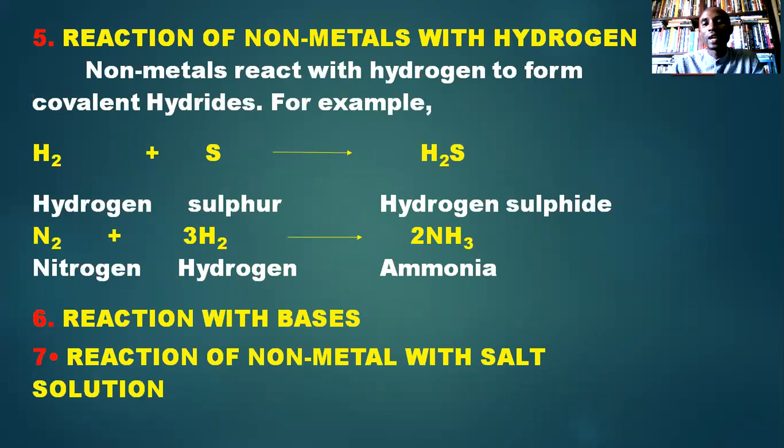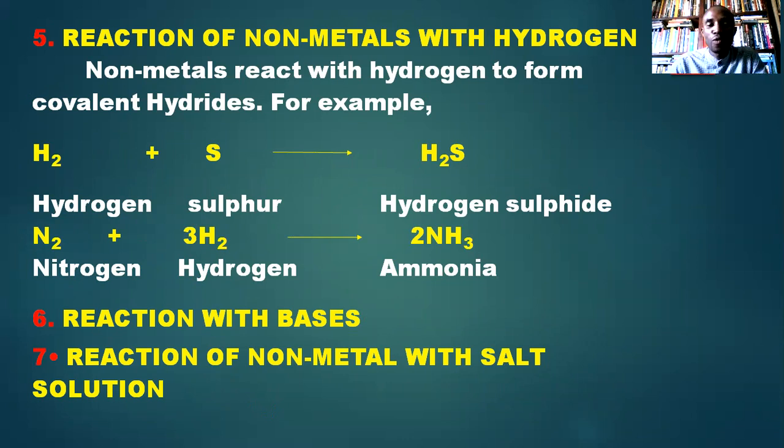All right, reaction of non-metals also with hydrogen. Non-metals, for example sulfur, if you react it with hydrogen, it's going to form a sulfide. Whenever it reacts with hydrogen, it forms the hydride of that particular substance.